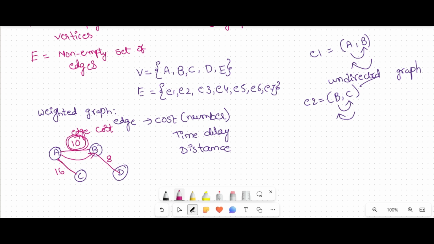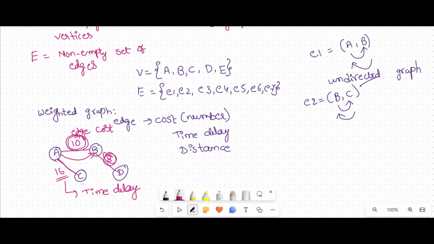Similarly, here the weight I am taking in terms of time delay. So A to C or C to A, the time taken to travel from A city to C city is 16 hours or 16 minutes or 16 seconds. Similarly, B to D, to travel from B city to D city, it takes 8 hours or minutes or seconds.